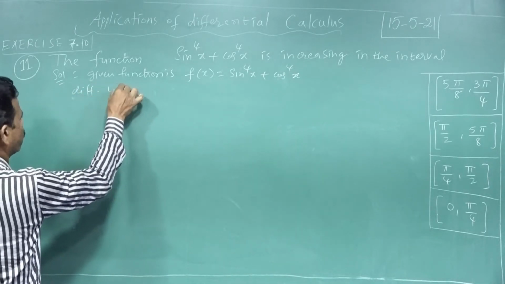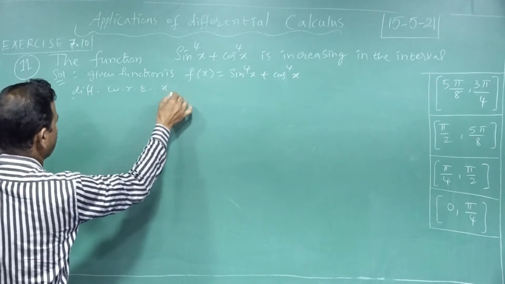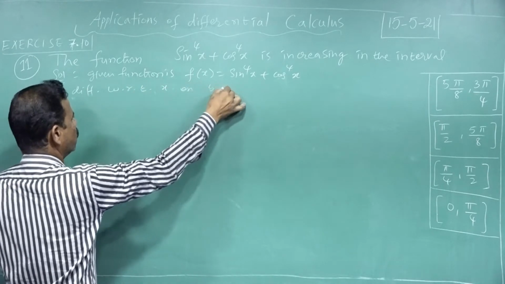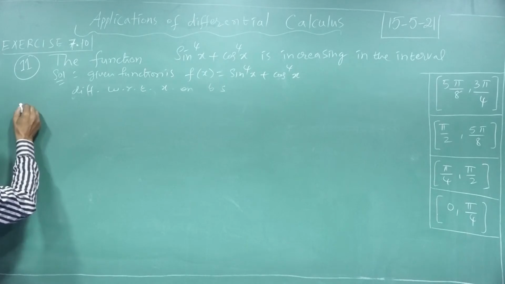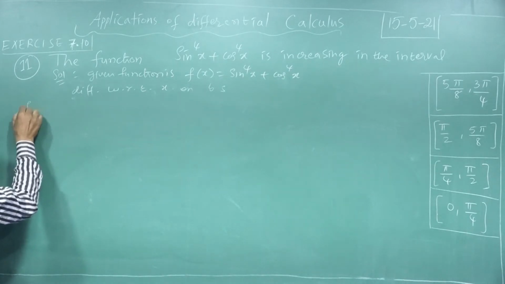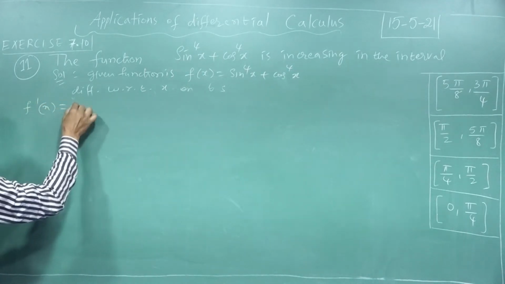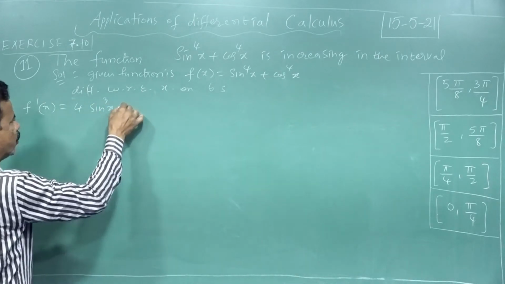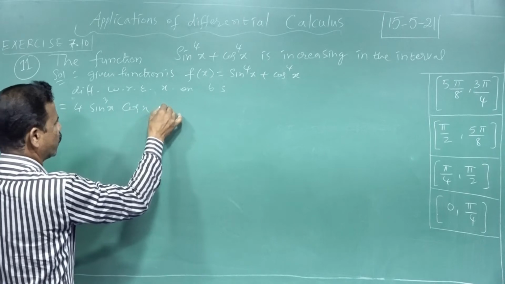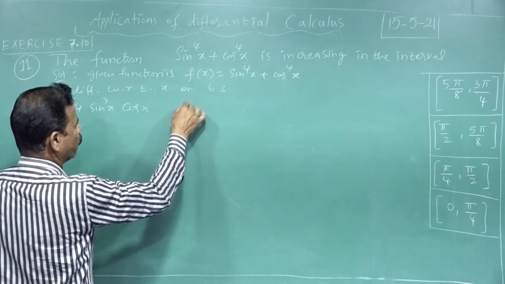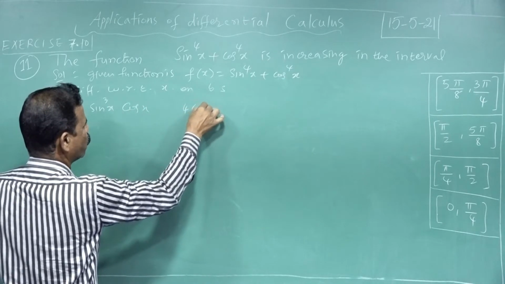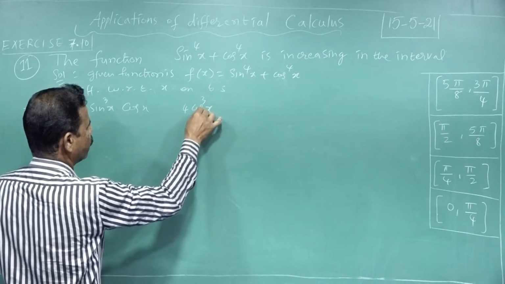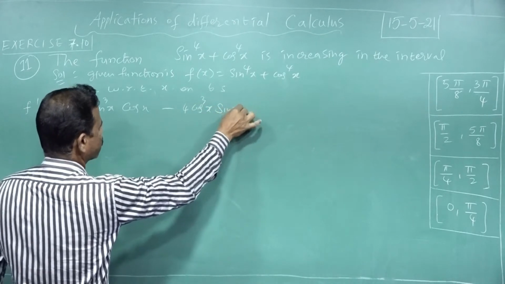Differentiating with respect to x on both sides, f'(x) equals 4 sin³x times the derivative of sin x, which is cos x. Next, for cos⁴x, 4 cos³x times the derivative of cos x, which is minus sin x.